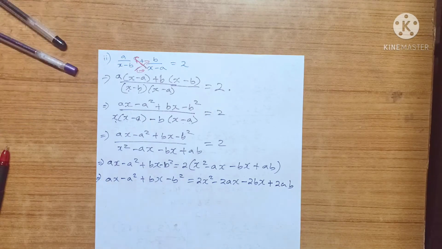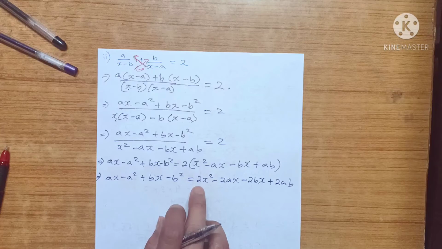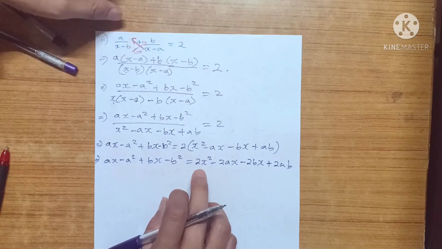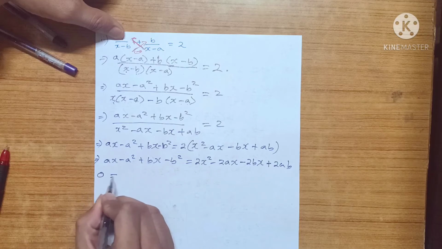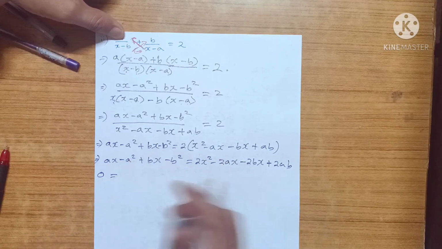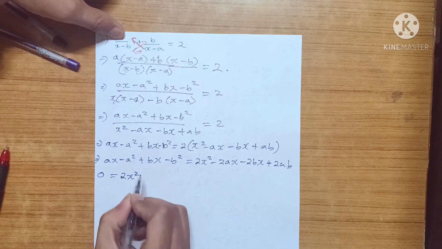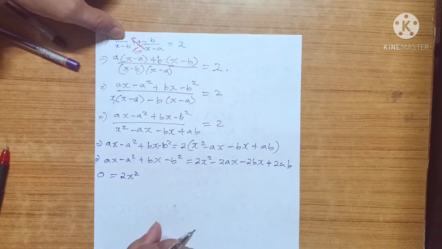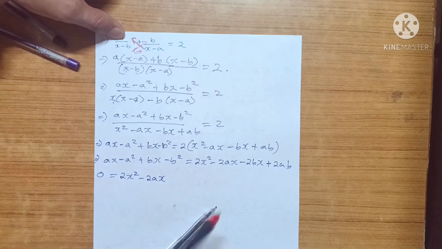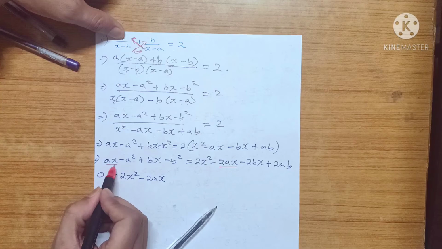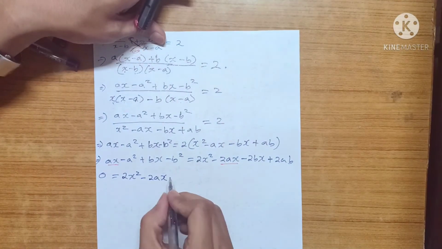Now, just try to find x squared. x squared is here, right? And this x squared is positive, which means we want everything this side. So we'll keep 0 here, and then I'll take everything one by one to this side. First I'm going to write 2x squared, and we're going to write all the x terms together. Here is x, x, x, x. So we write minus 2ax, and since this is 2ax and this is ax, I'm going to write them together.